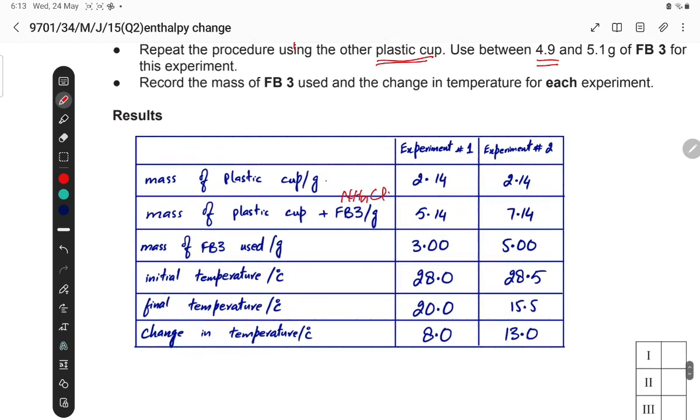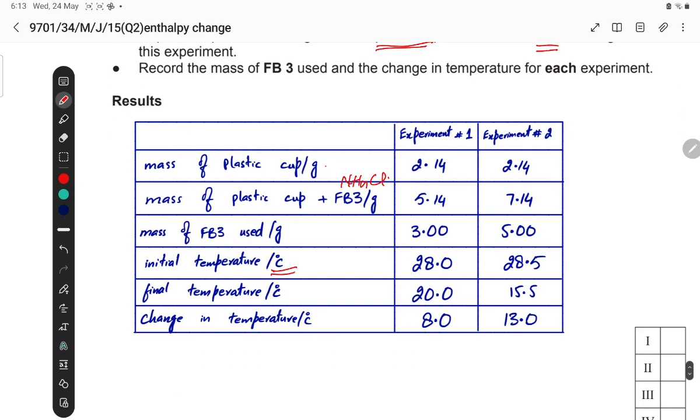Initial temperature, always write down the unit, degree centigrade. Final temperature, degree centigrade. So initial temperature of experiment 1 is 28 degree centigrade and 3 significant figure. Always write down the 3 significant figures for mass and for temperature. 20.0, 15.0, change in temperature.